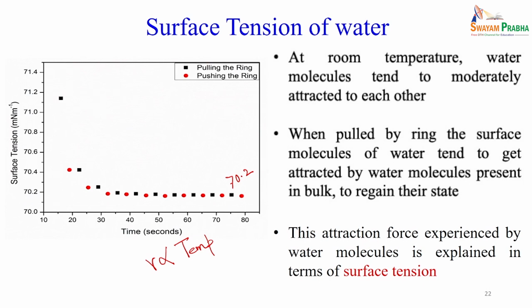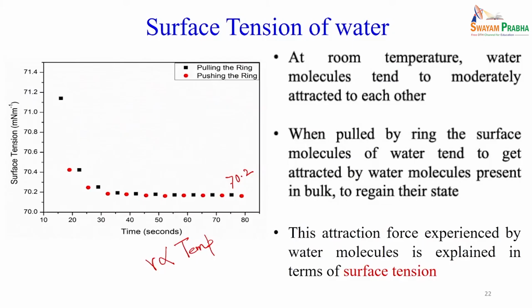So, if you are measuring experimentally, the experiment should be performed at a constant temperature, and the measured or estimated surface tension is reported as the observed interfacial tension at a particular temperature. So, here I conclude this lecture.